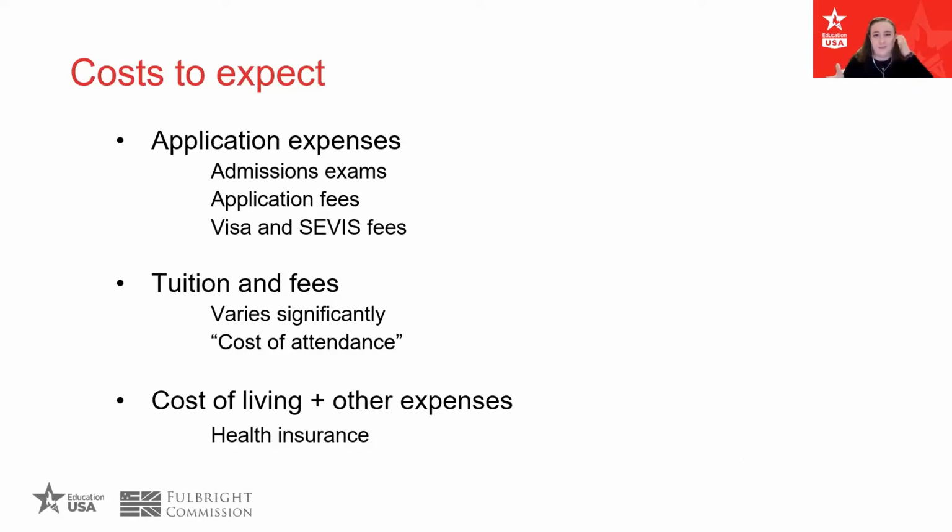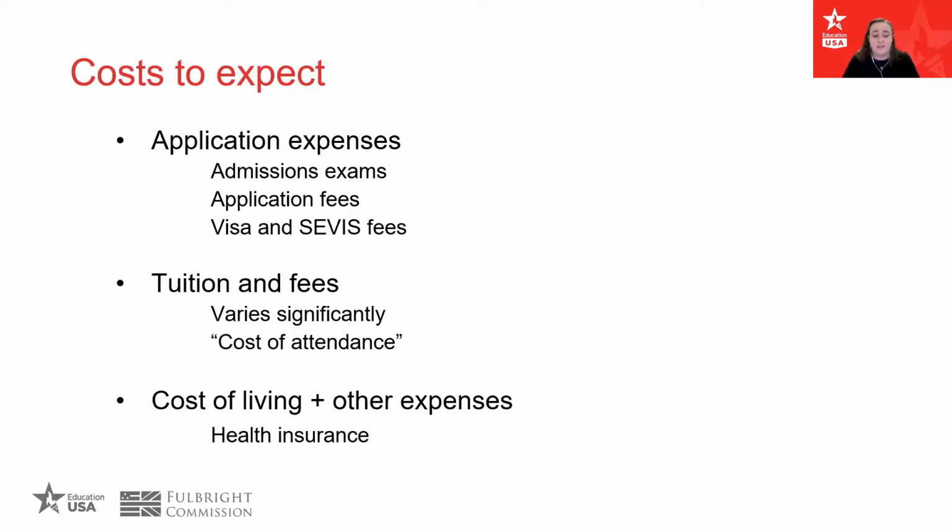this kind of funding misconception. Don't be completely put off by that kind of sticker price that you often see on US university websites that might be something like $60,000 a year. Lots of US universities operate using what is called a cost of attendance rather than tuition fees as we use here in the UK. And so that cost of attendance tends to be a lot more inclusive and all-encompassing.